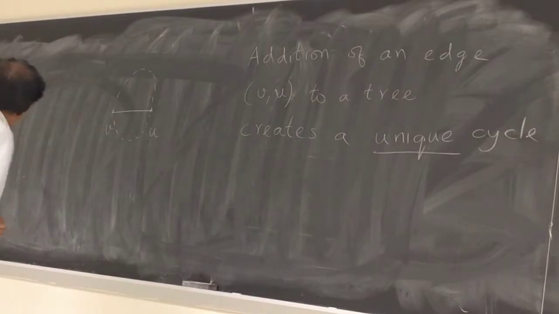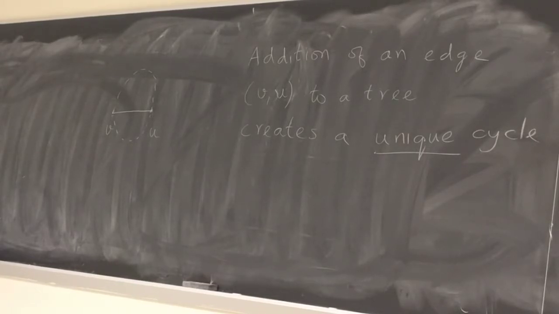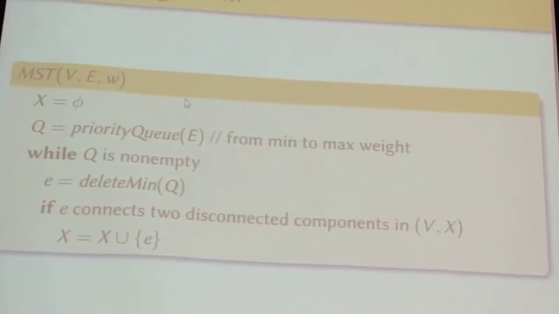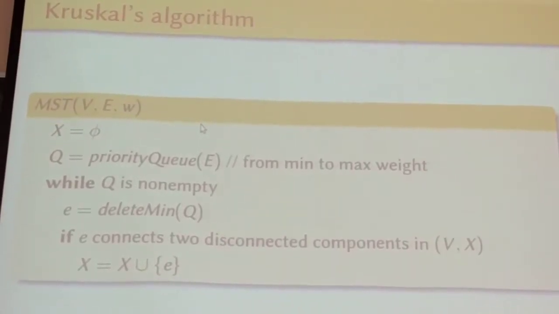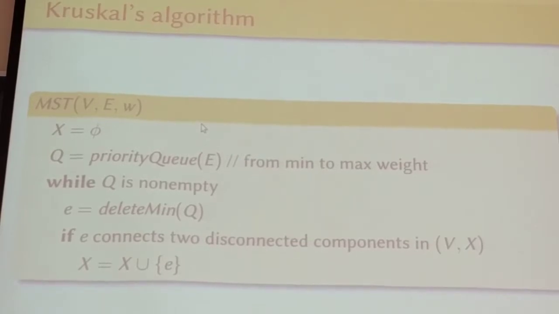This is something that we will rely on to prove Kruskal's algorithm. So this is the algorithm again. It's a very, very simple algorithm. You create a priority queue out of the edges, organized in terms of increasing edge weight.